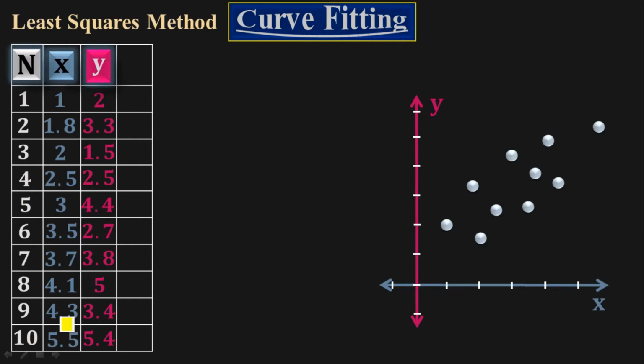Similarly, my ninth point is at 4.3 along the x-axis and 3.4 along the y-axis. This point is approximately at 3.4 along the y-axis and approximately at 4.3 along the x-axis.